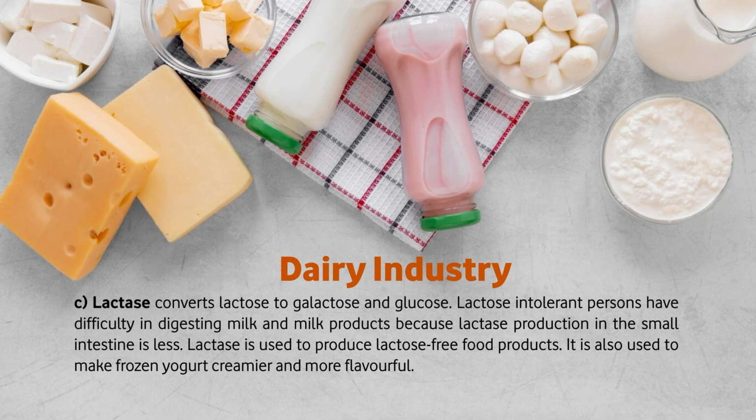Then another very important enzyme is lactase. Lactase converts lactose to galactose and glucose. Lactose intolerant persons have difficulty in digesting milk and milk products because lactase production in the small intestine is very low. So lactase is used to produce lactose free food products. It is also used to make frozen yogurt creamier and more flavorful.